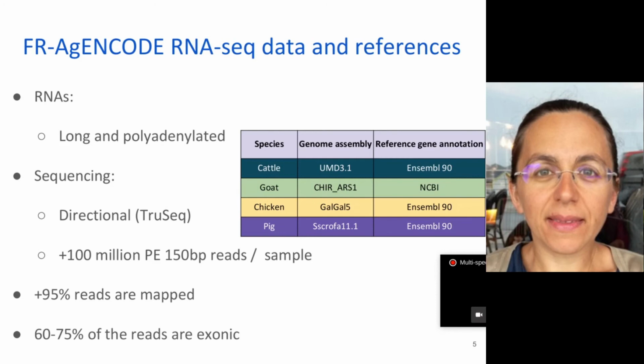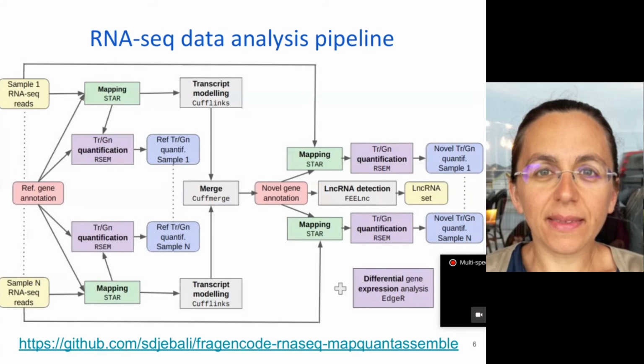So on slide 6, this is the RNA-seq analysis pipeline that we used. Basically, for each sample, we map the reads with STAR, and then we model the transcripts using Cufflinks, and then we merge all the transcripts of the different samples using Cuffmerge into a novel gene annotation.